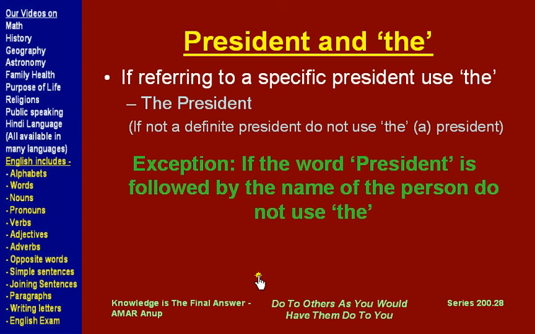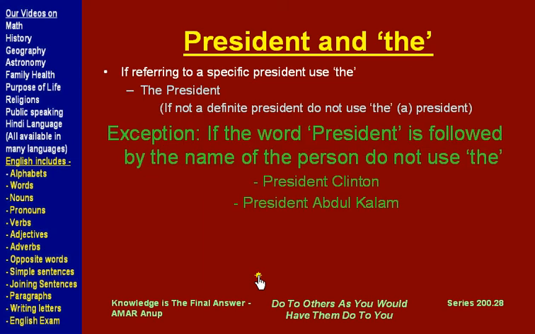If the word president is followed by the name of the person, do not use "the." And let's look at the example. President Clinton, President Abdul Kalam. So we do not use "the" with the word president if it is followed by a name.